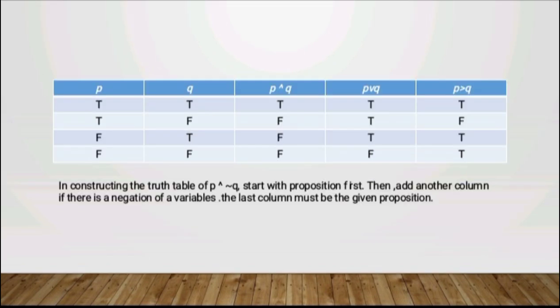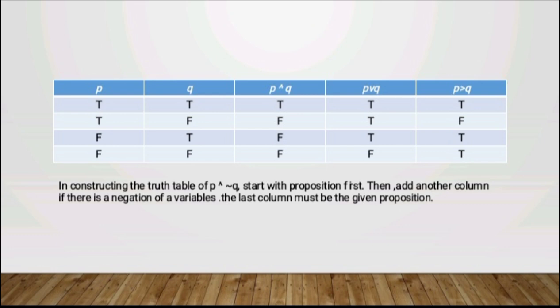In the second table, P is true, Q is true, P and Q is true, P or Q is true. In the second row, P is true, Q is false, P or Q is true, P and Q is false.